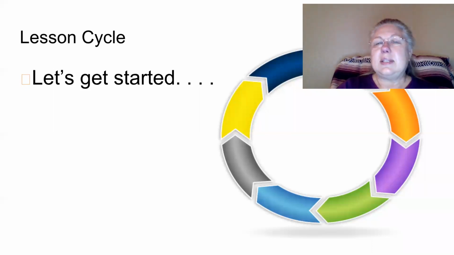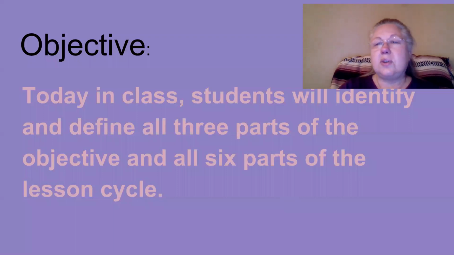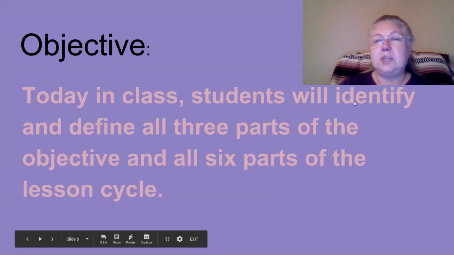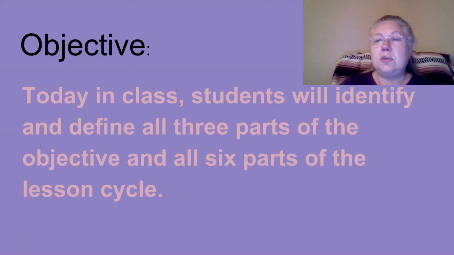So let's get started with the beginning part of our lesson cycle. It has to start with an objective. And the objective has three major parts. Now I'm going to show you two different ways of formulating your objective. I'm going to lean more toward one called CBC, but there's also an ABCD.